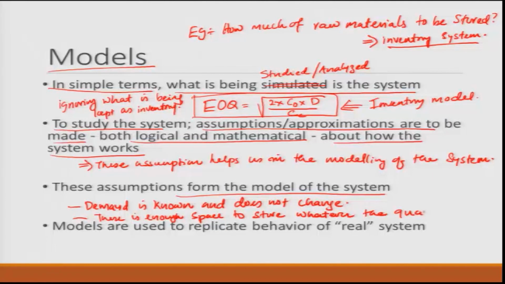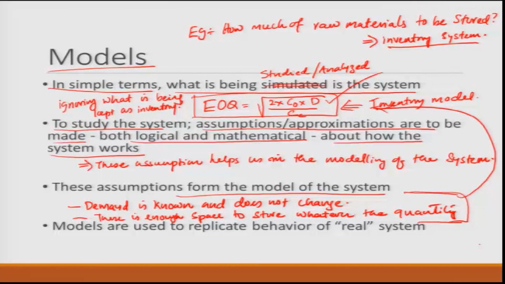So, there is no space constraint as we think about it. So, based on these assumptions, we study how to store some item in a factory, and for that we develop a mathematical model. Okay. So, these assumptions help us in forming this model.